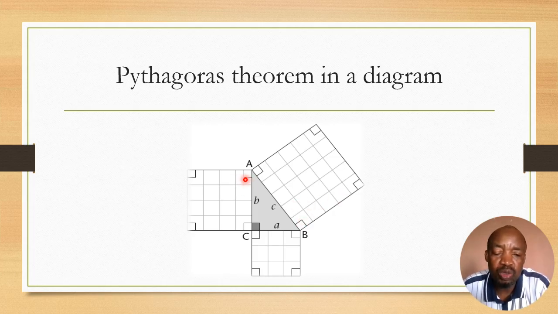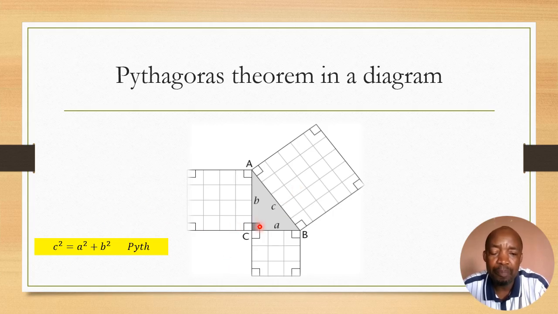Now let's count the squares here. 1, 2, 3, 4. 1, 2, 3, 4. It's a 4 by 4, which is 16 squares here. Here it is 1, 2, 3, by 1, 2, 3. It's a 3 by 3, which is 9 squares. And 16 plus 9 is equal to 25. Again, the theorem is spot on.